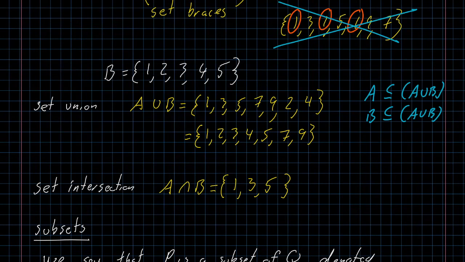Every element in A, 1, 3, 5, 7, and 9, is also an element of A union B. Every element of B, 1, 2, 3, 4, 5, is also an element of A union B. Intersections work much the same. A intersect B is a subset of A, and A intersect B is a subset of B.